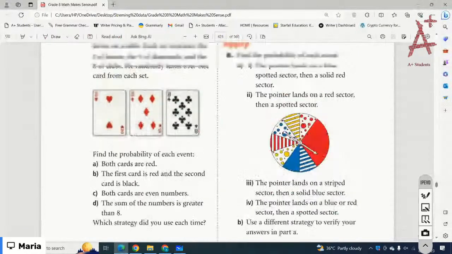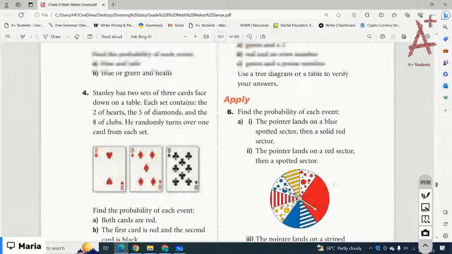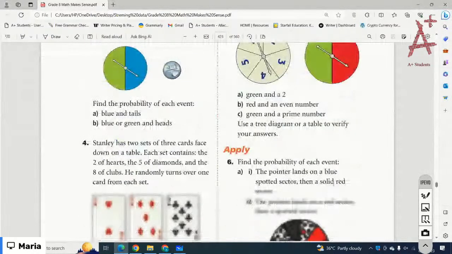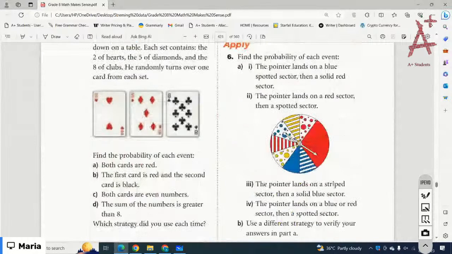Okay, now I'm going to skip question number 5. Let's just start with question number 6. Find the probability of each event. The pointer lands on a blue spotted sector, then a solid red sector.